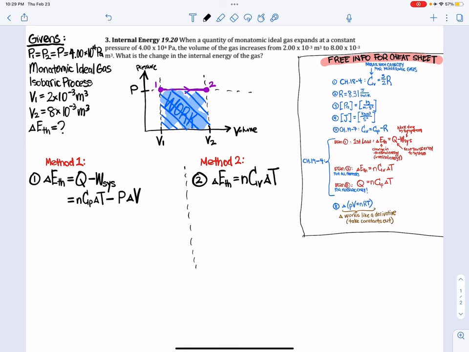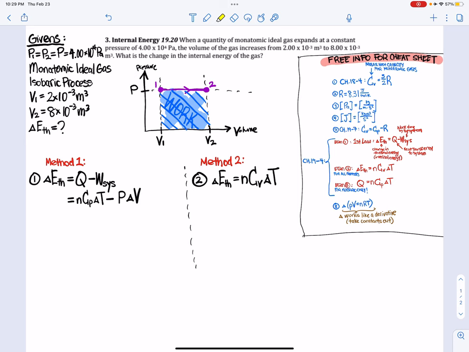But I don't know what my Cp is right here, right? I don't know what my molar heat capacity for constant pressure is. So how can I keep going with this method if I don't know the molar heat capacity for constant pressure?